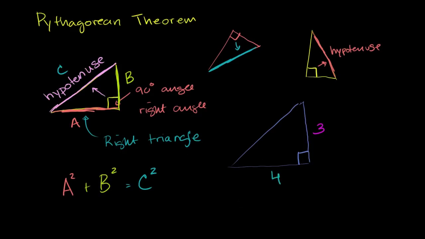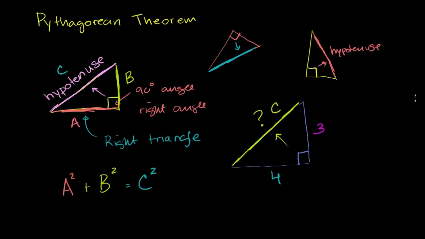And they want us to figure out that length right there. The first thing you want to do before you even apply the Pythagorean theorem is to make sure you have your hypotenuse straight. You make sure you know what you're solving for. In this circumstance, we're solving for the hypotenuse, and we know that because this side over here is the side opposite the right angle. If we look at the Pythagorean theorem, this is c. This is the longest side.